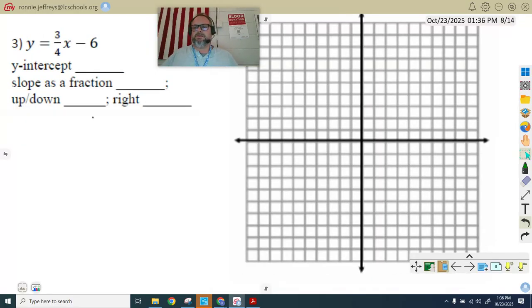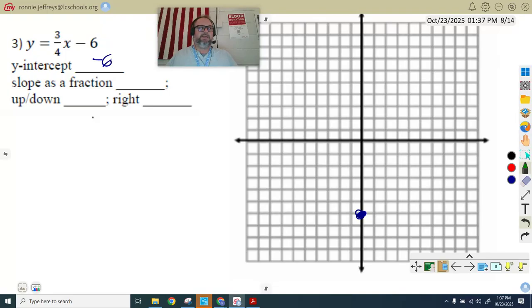Again, what is our y-intercept? -6. So from here, 1, 2, 3, 4, 5, and 6. This one is super duper crazy hard. How are we going to write our slope as a fraction?